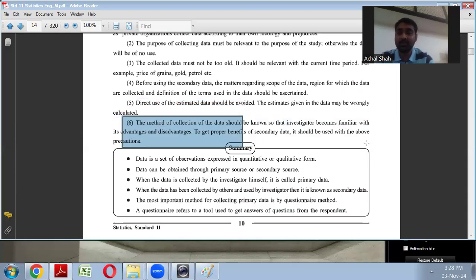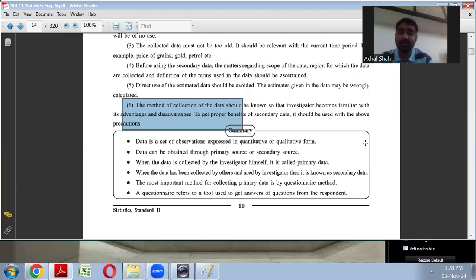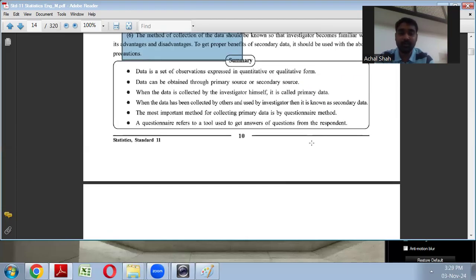So that is the next precaution: you should be aware of the method of collection of the data. That is all for the chapter.